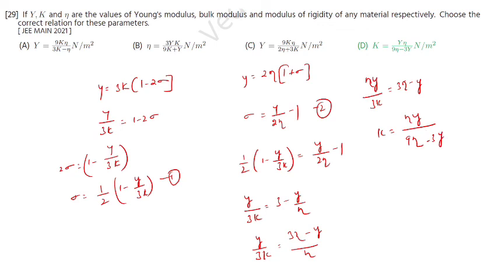If you are not clear with this, you can write like this: 1 minus Y by 3K is equal to Y by eta minus 2. That means if you take this to this side, the 2 will get cancelled. After simplifying this equation, we will get this, right?